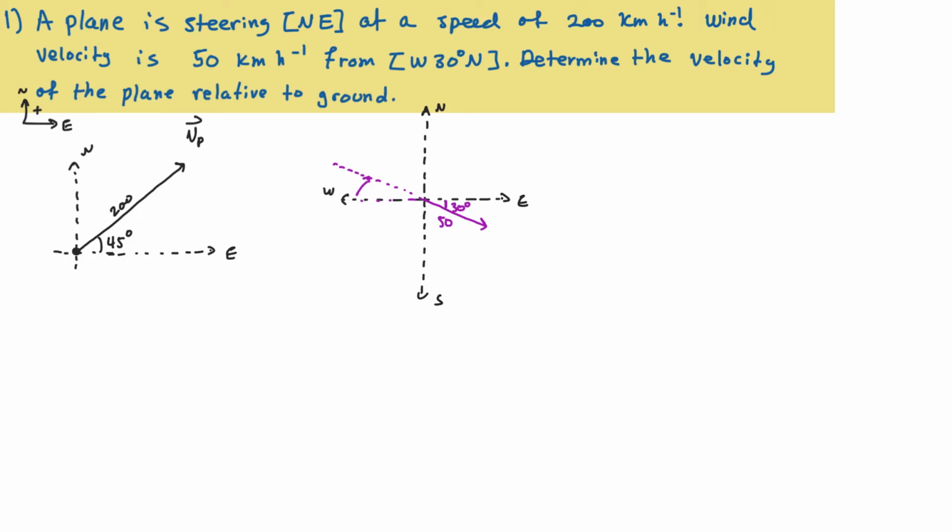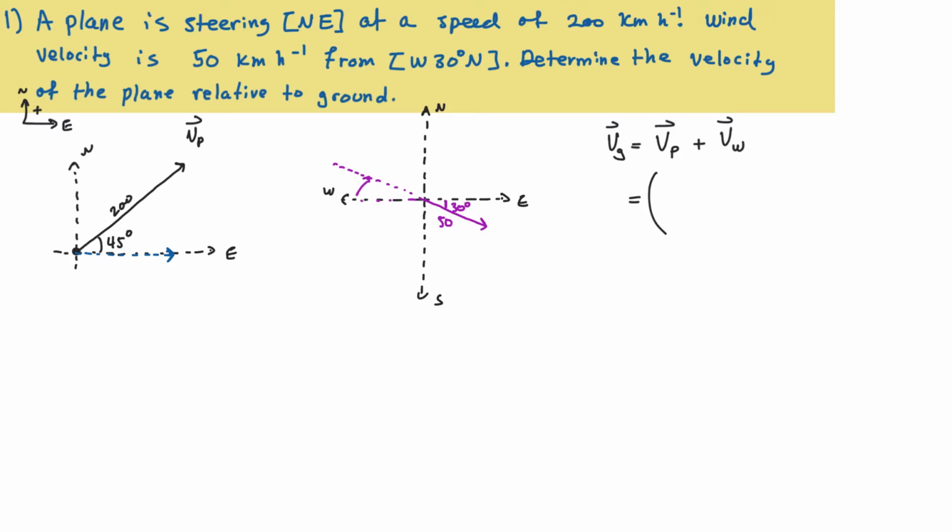Now, the velocity of the plane relative to ground can be calculated by adding the two vectors here: the plane velocity plus the velocity of the wind. The plane velocity is going to have its x and y component. The x component of the plane is going in the east direction. That's positive because that's the same as our coordinate system here.